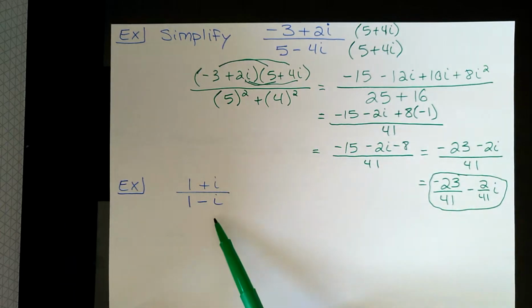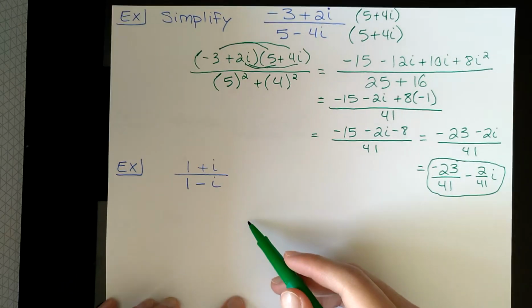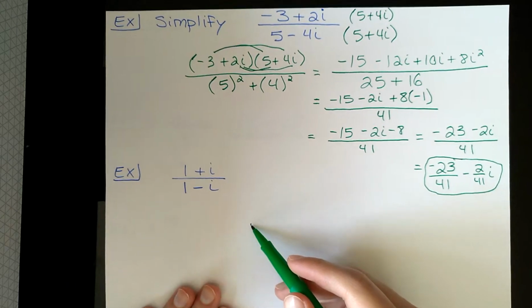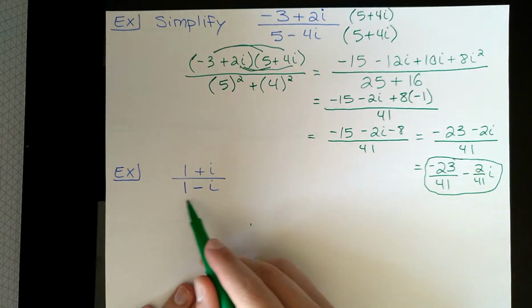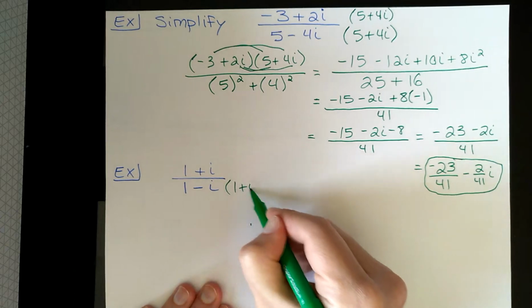Go ahead and take a moment, pause the video, see if you can simplify 1 plus i over 1 minus i. Okay, so going through this, the first thing we should note is that we need to multiply by the conjugate of the denominator, which is 1 plus i.